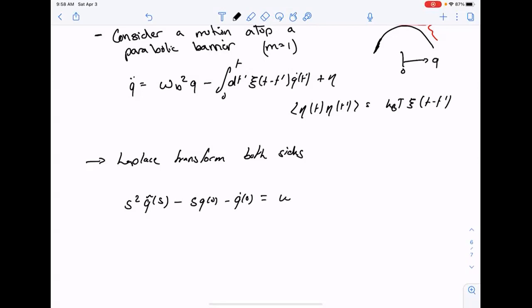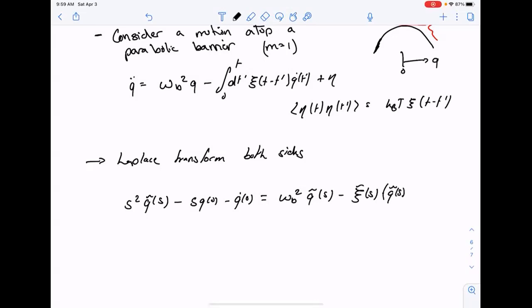I have omega b squared, Laplace transform of Q on the right, and Laplace transforms simplify convolution integrals, like what is introduced in this generalized Langevin equation, as now a product of the Laplace transformed friction and the Laplace transformed Q.